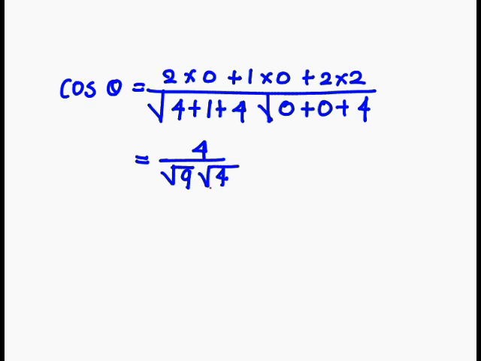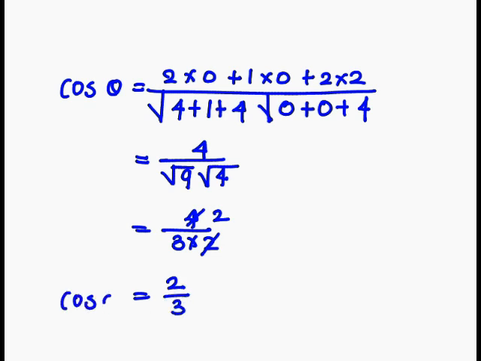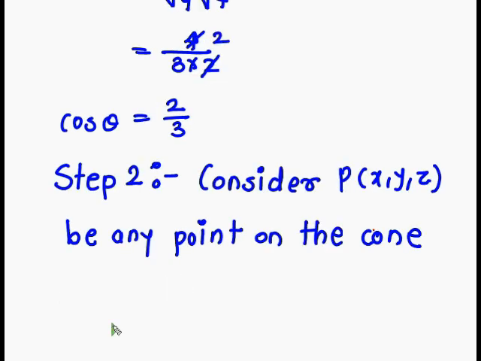This is equal to 4 upon 3 into 2, that is, 2 twos are 4. So we get 2 by 3 as the value of cos theta. Now we get the basic required thing. In the next step we should put all these values into the equation. Let P be any point on the cone with the coordinates x, y, z.